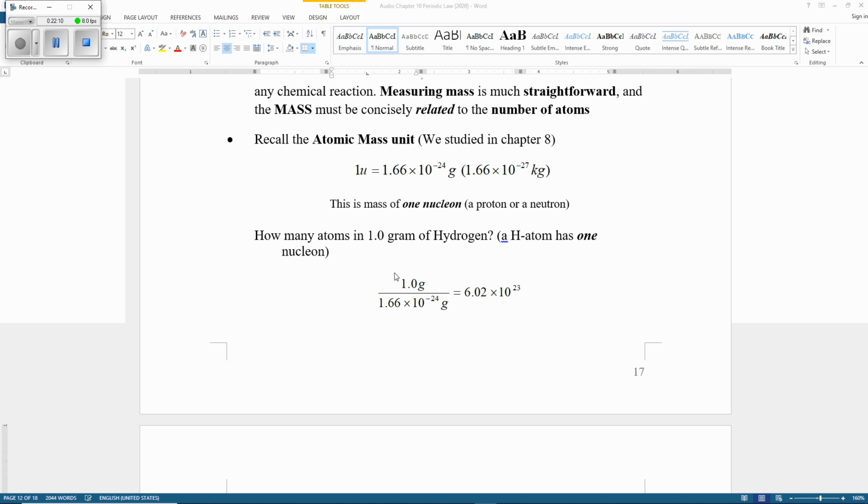So 1 gram of hydrogen, divided by the mass of one single atom, is going to give you a big number. You can try, and this is a very famous number, 6.02 times 10 to the power 23. So 1 gram of hydrogen has this many atoms.